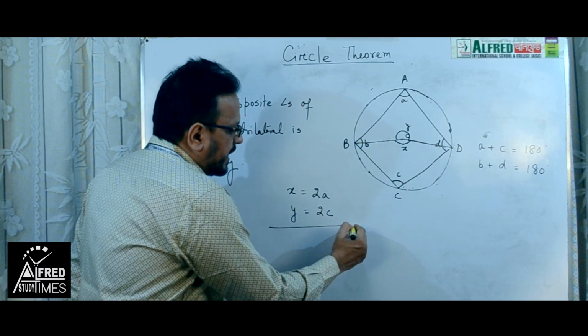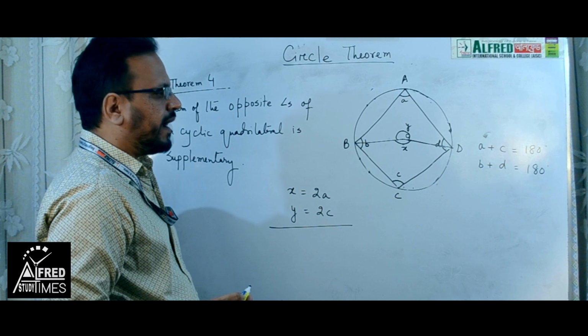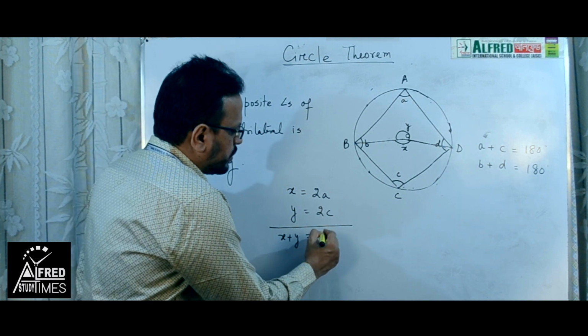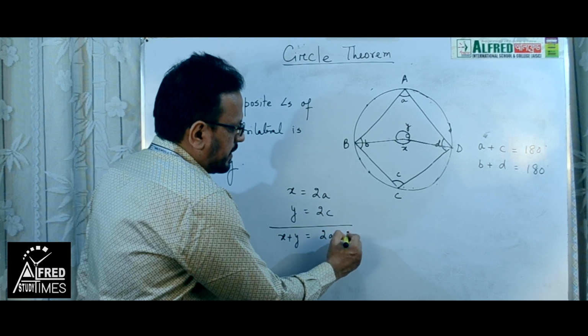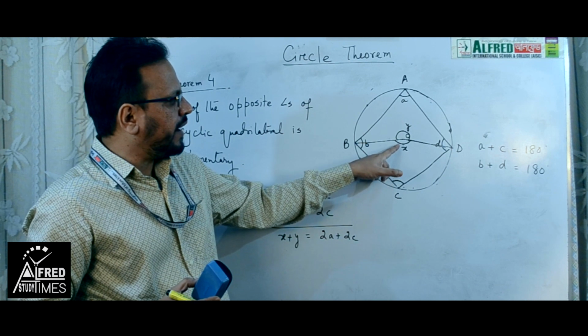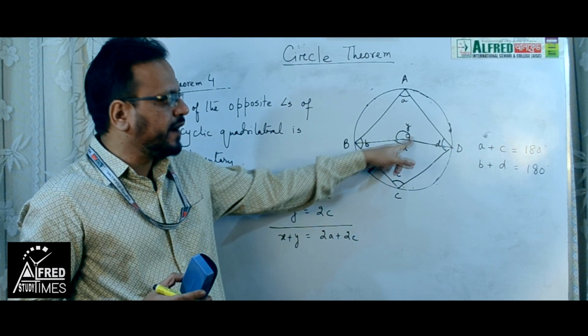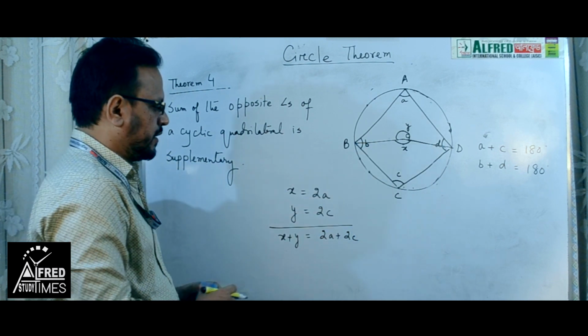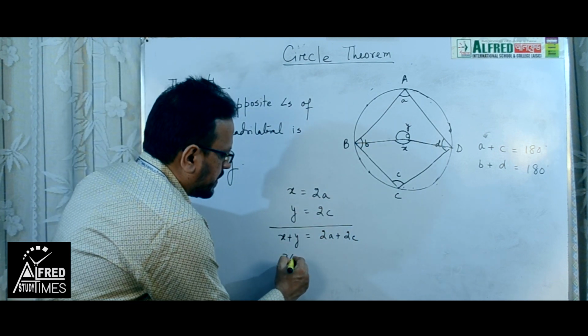Now let us add the left hand side and right hand side. X plus Y is equal to twice A plus twice C. Now can you tell me the value of X plus Y? This is a complete revolution, and we know a complete revolution is 360 degrees.